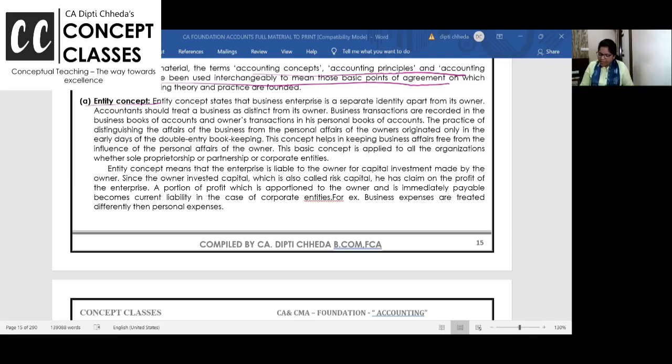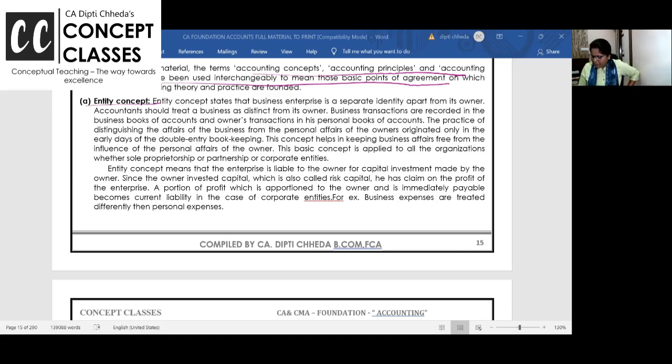That is why if you pay salary to staff, I want you to write this example as I am writing. Salary to staff. How do you write the entry? Salary account debit to cash. And then suppose the owner is paying salary to house staff, watchman and cook and servant, if you're paying, then what will you write?